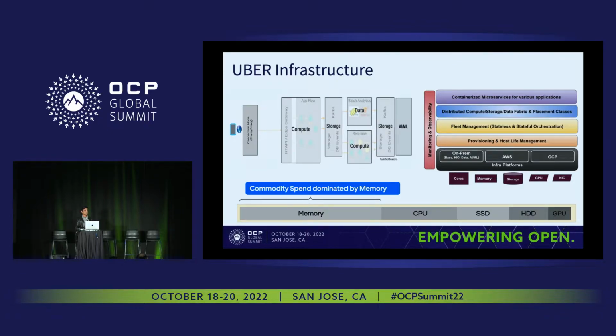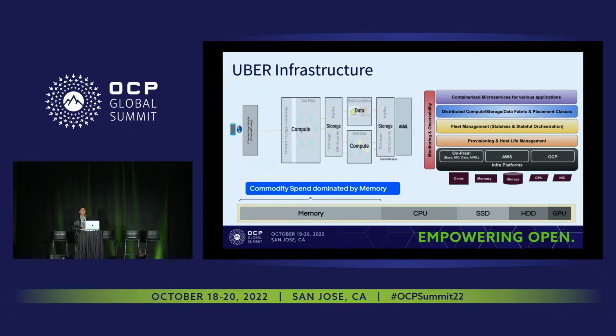A series of microservices start responding to these requests, which is supported by our compute platform. As a part of that response, some of these microservices might want to read or write to the storage, for example, data streaming in Kafka. Then this data is pumped into our data warehouses, which is supported by our data platform.